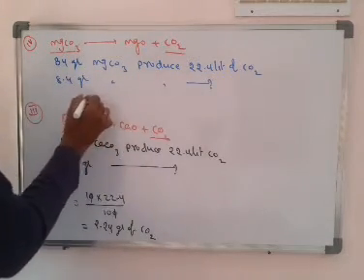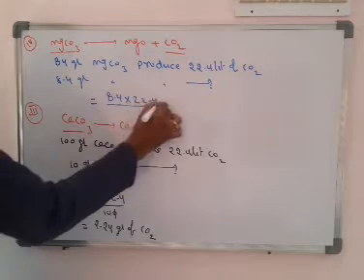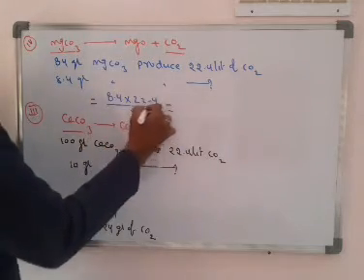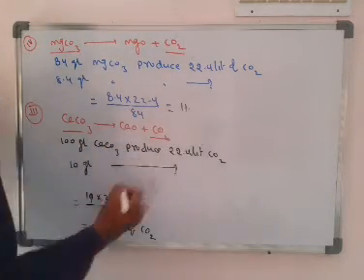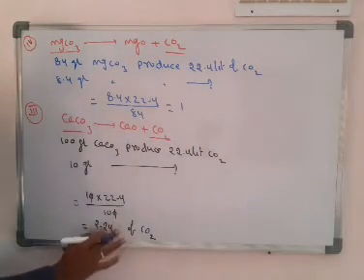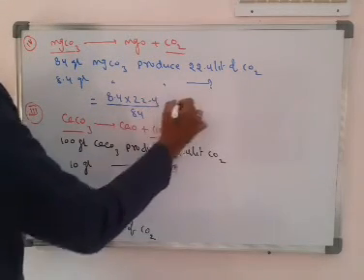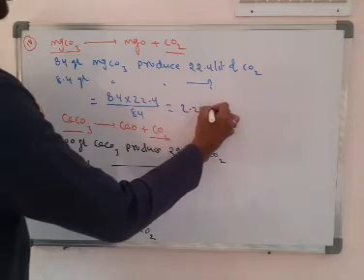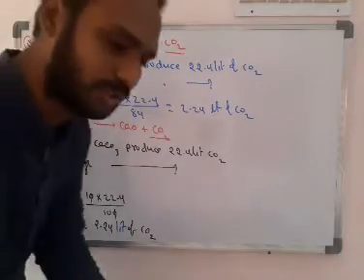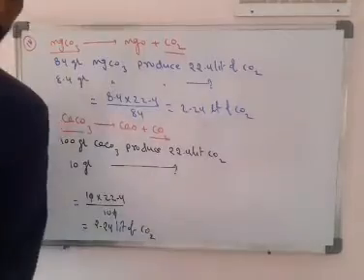So how much does it produce? Again it is divided by 10. So we get 2.24, sorry, it's liters, not grams. So we get 2.24 liters of CO2. In both processes, we are getting 2.24 liters of CO2.